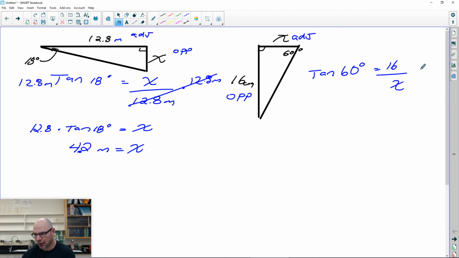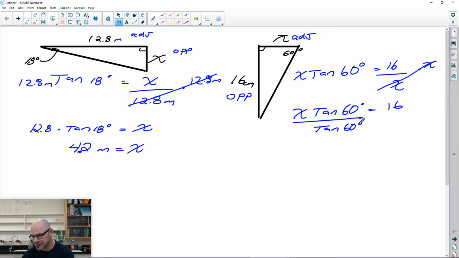So we've got to multiply our x out on both sides first to get rid of it here. So we've got x tan 60 equals 16. Then we've got to divide out tan 60 on both sides and cancel it, and we've got our solution: x equals 16 divided by tan 60.